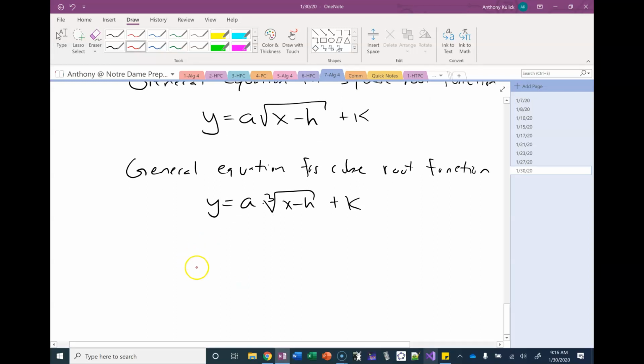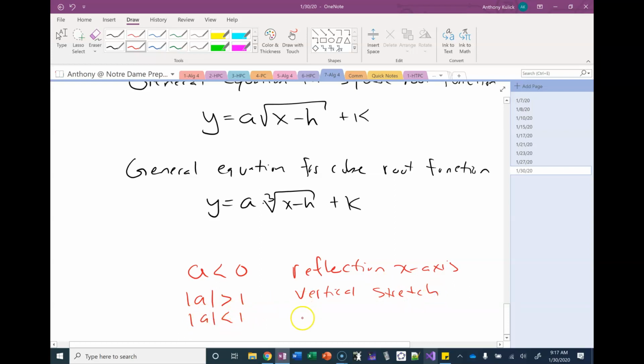Okay, so for A, negative, that's going to give us our reflection across the x-axis. And then the magnitude of A gives us our dilations. So if the absolute value of A is greater than 1, that's going to give me a vertical stretch.